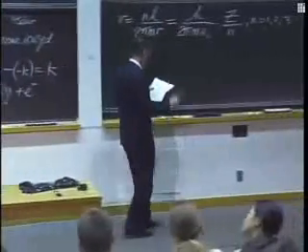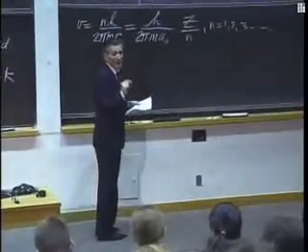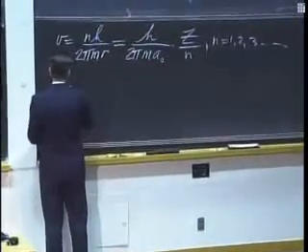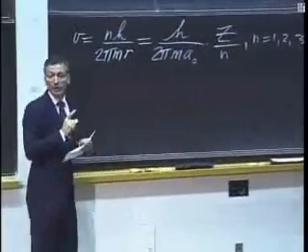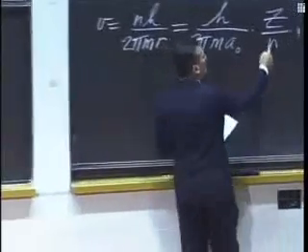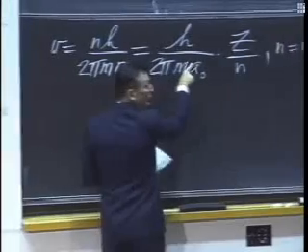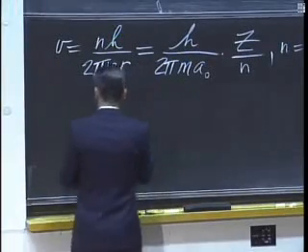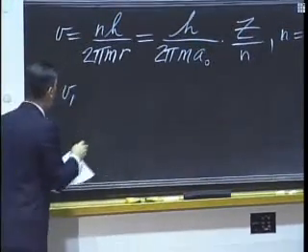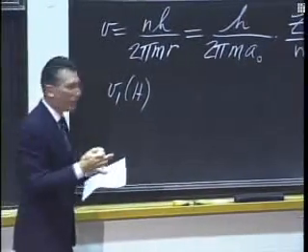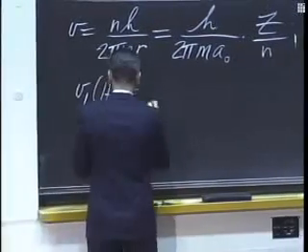But it is interesting. Let's just, for an order of magnitude, say what happens for ground state electron in atomic hydrogen. So we're going to put atomic hydrogen Z equals 1, ground state n equals 1. That's just this quantity here. So let's find out. So V1 in atomic hydrogen. Is it fast? Is it slow? What's the number? Plug in the values.